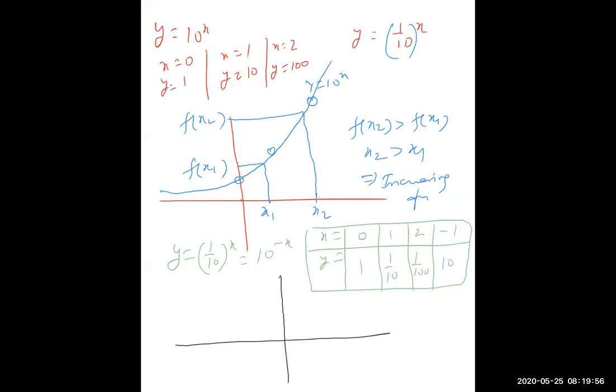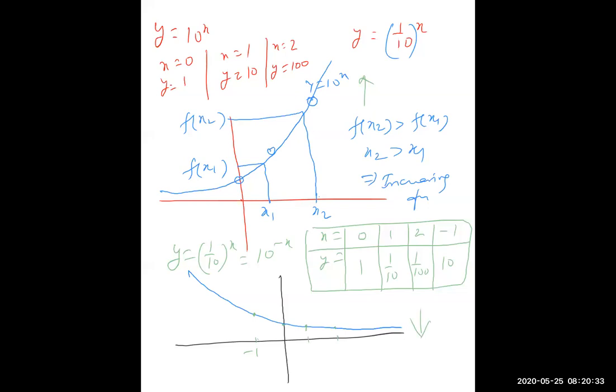You can check. If you make the graph, let us make a separate graph. At 0, it is the same, 1. But see, at 1, it is 1 upon 10. At 2, it is 1 upon 100. At minus 1, it is 10. So this graph is a decreasing function. This graph is an increasing function.